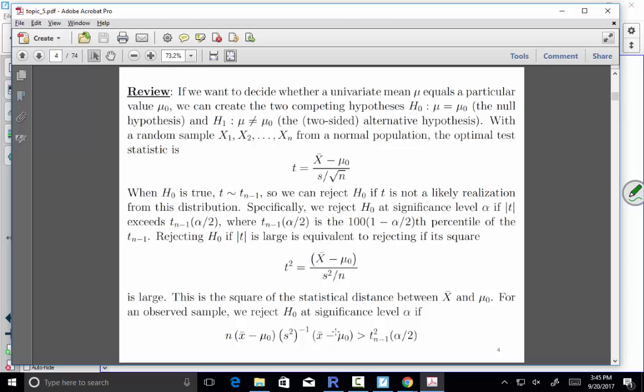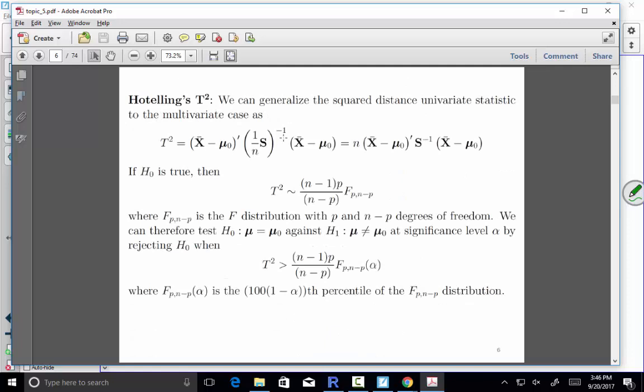So in a vector sense, the natural way to write that is: I have n times a difference between the means, but now they're vectors. Instead of dividing by a variance, the matrix analog is to multiply by the inverse of the covariance matrix. And then here's the difference again. This then is a multivariate generalization of a t statistic.